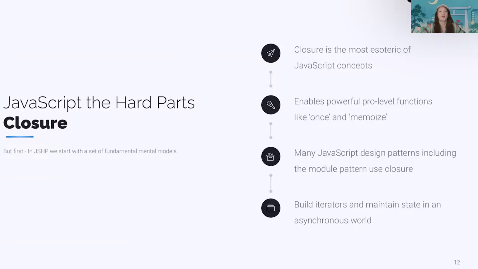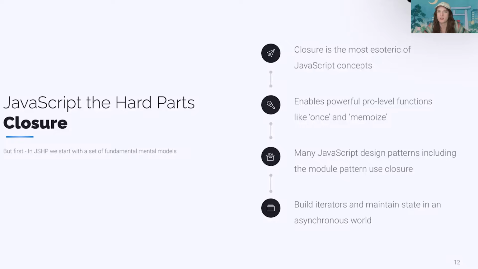Tonight, we are going to be talking about closure in particular. Closure is one of the most esoteric of JavaScript concepts. This is what enables us to use some very powerful functions like once and memoize, right? In video games, how awful would it be if you could just continuously open up a chest and it would always give you the same super valuable item?